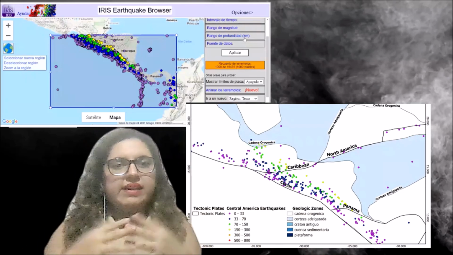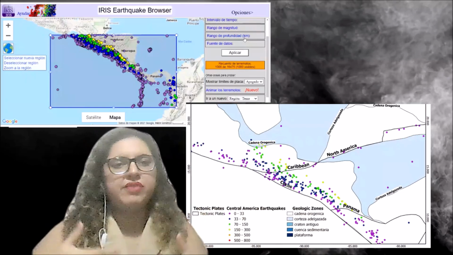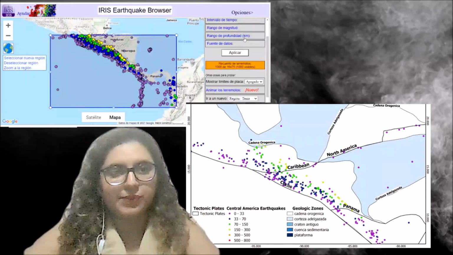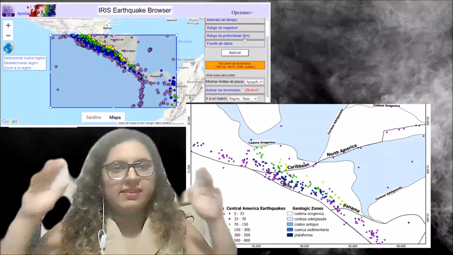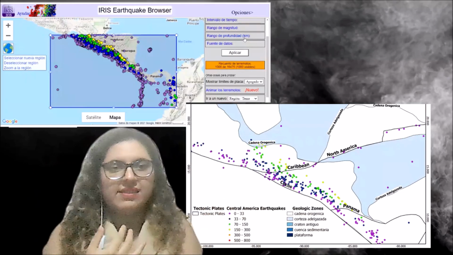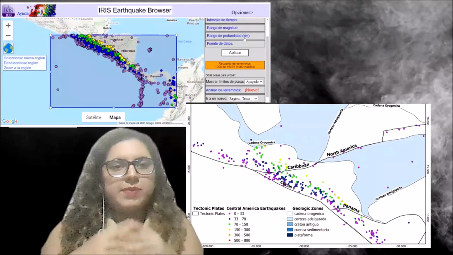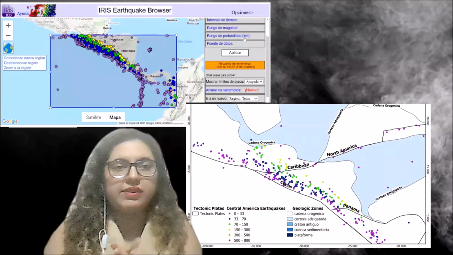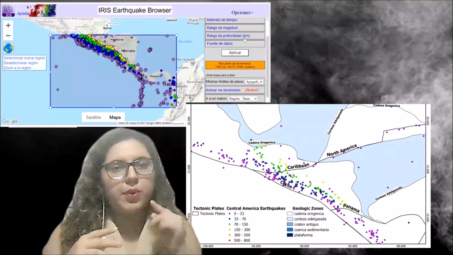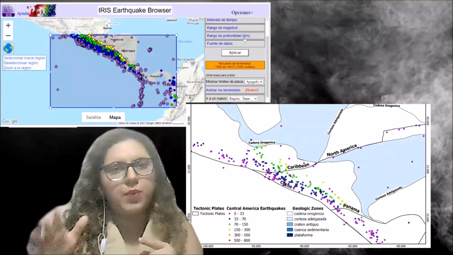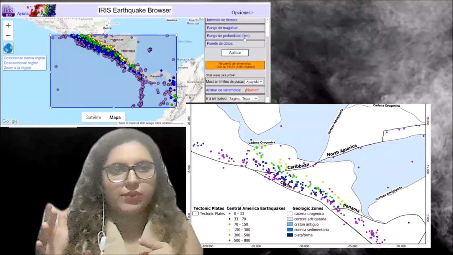Now we have the first area, that is the Central America region. We represent the plates, the geological zones, and the respective magnitude. We are at around 4.5 to 5.5 of magnitude.